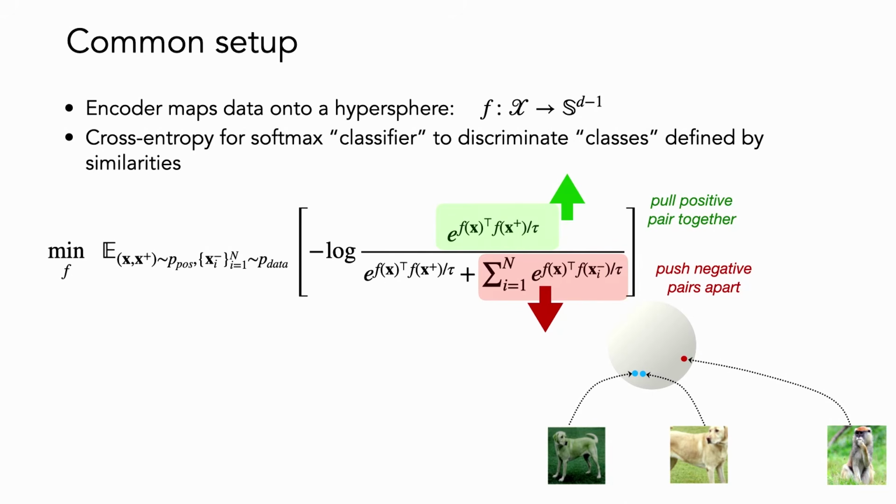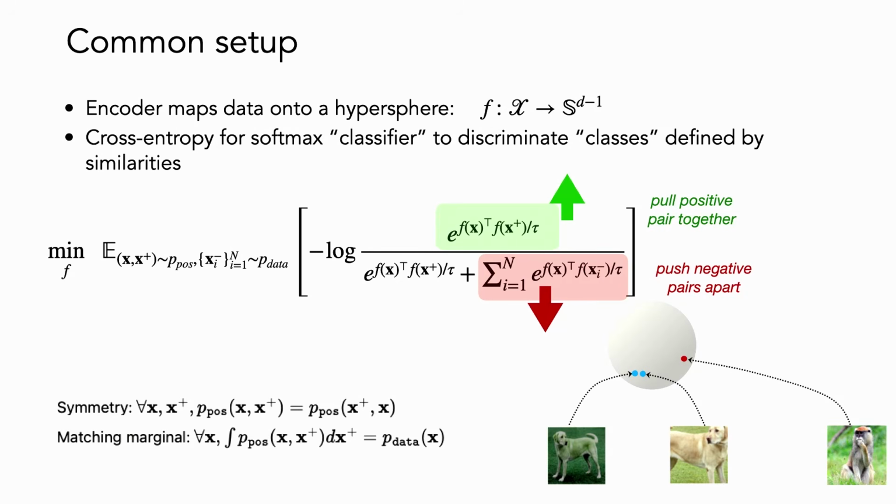Now, we assume, for example, that we have a couple dimensions of symmetry, right? If the first one is your anchor and the positive example is the second one, we want the distance between those to be the same as if you'd flipped the two, right? So it's enforcing some symmetry between them. The distance should basically be the same no matter whether your first one is the anchor or the second one is the anchor.